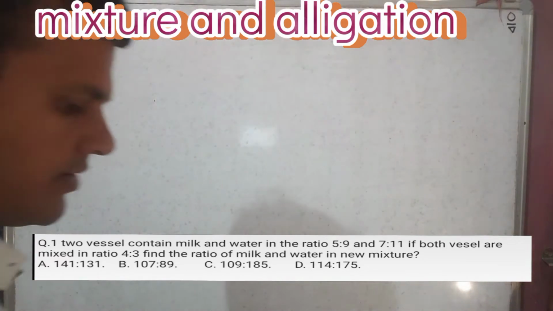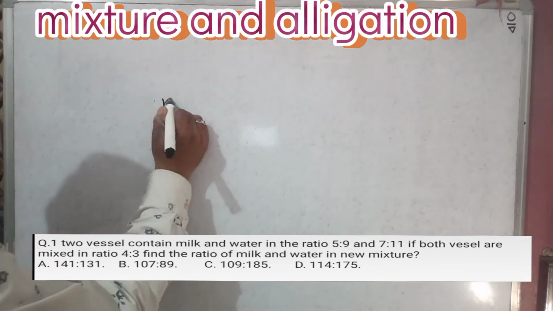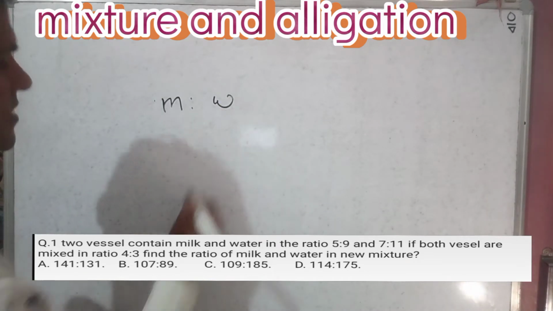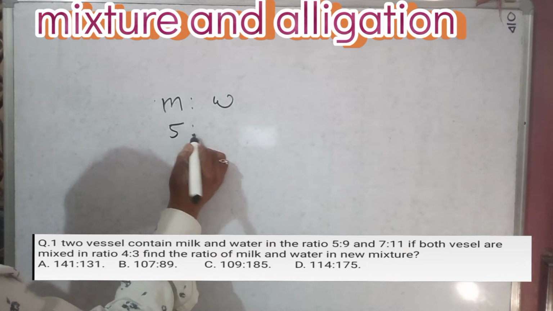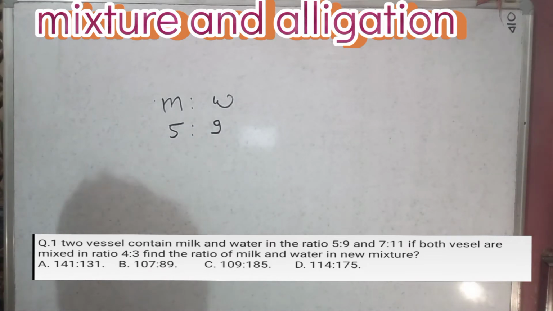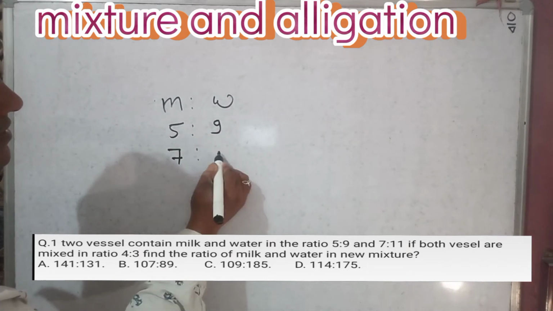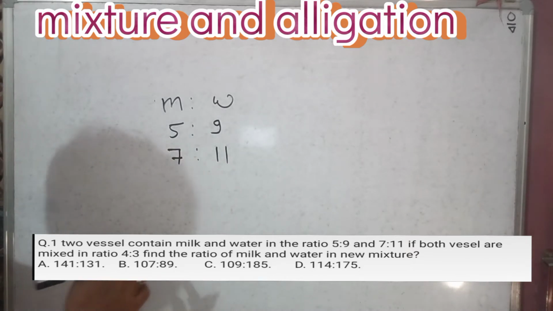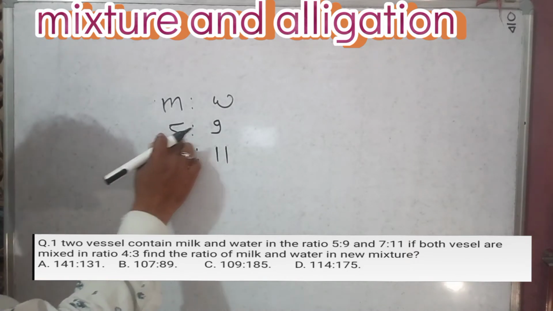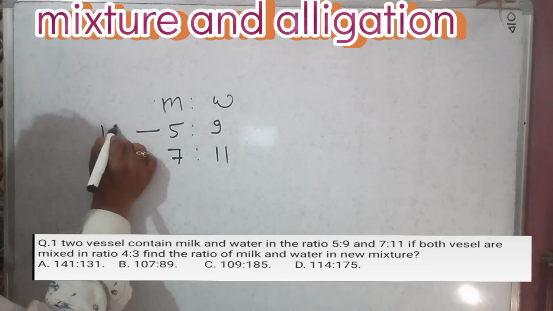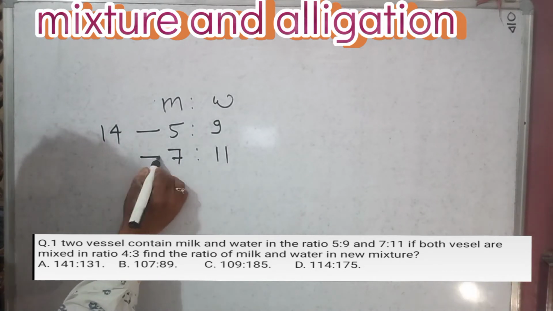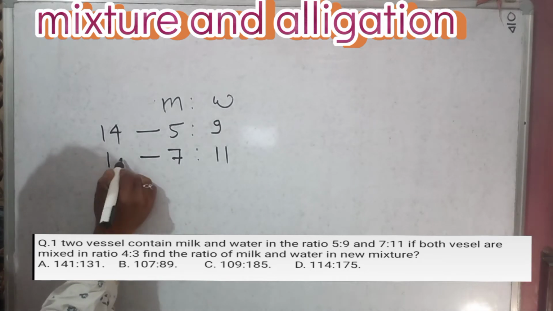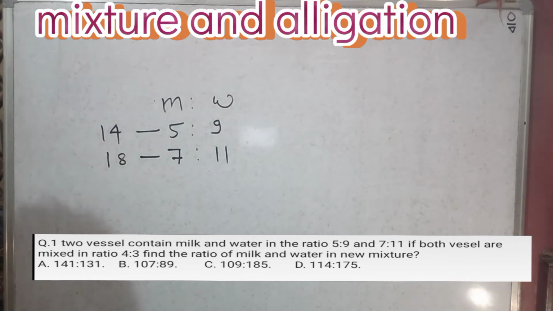So now, milk and water ratio 5:9 in the first container and in the second container 7:11. So 5 plus 9 is 14 parts in the first container, 7 plus 11 is 18 parts.